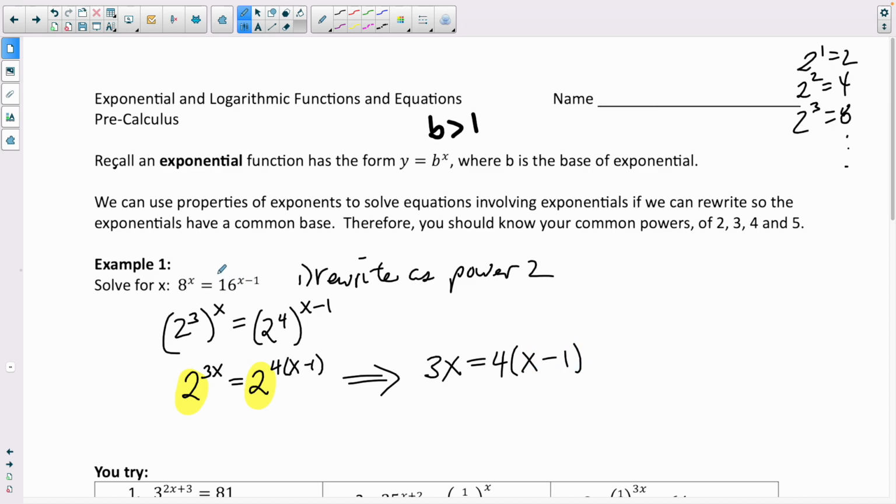And so we took this problem and rewrote it. Once we get a base to a power equal to the same base to a power, we can just set our exponents equal to each other.